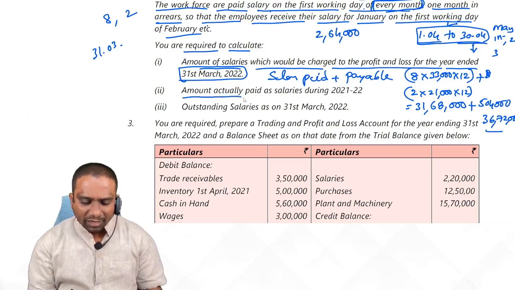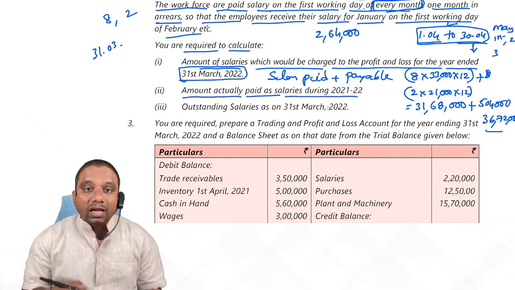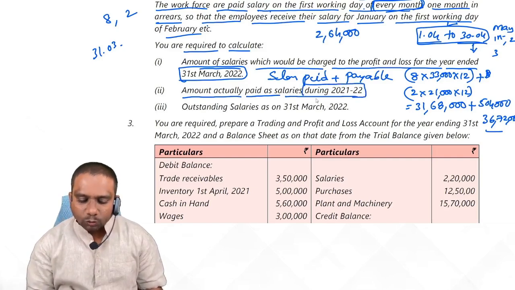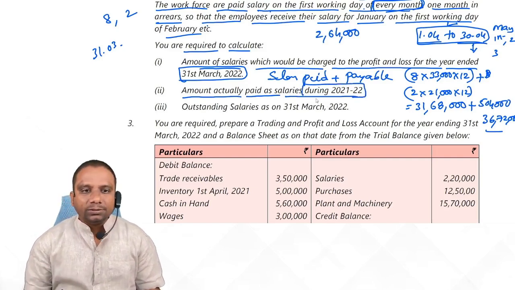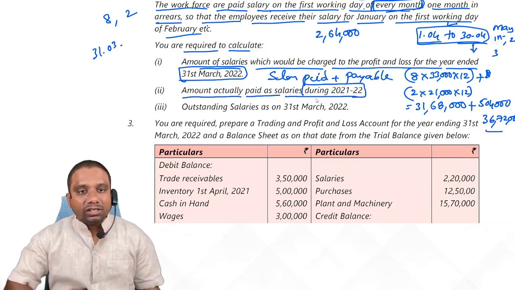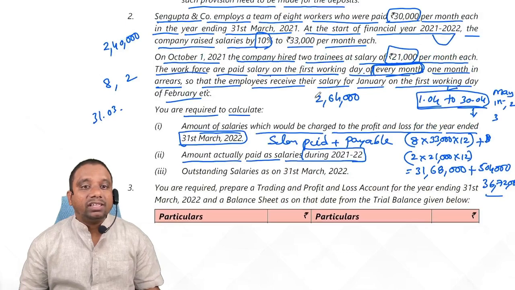Next, the amount actually paid as salaries during 21-22. During 21-22, how much do you pay as salary? 11 months for the current year, and 1 month of arrears of the previous year.